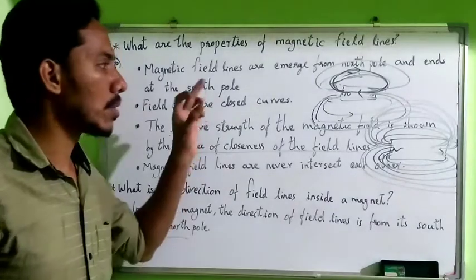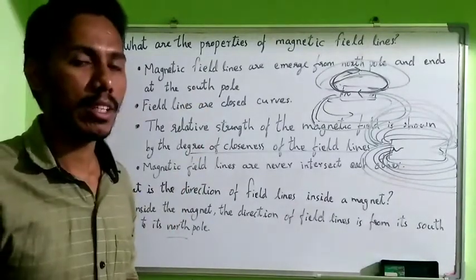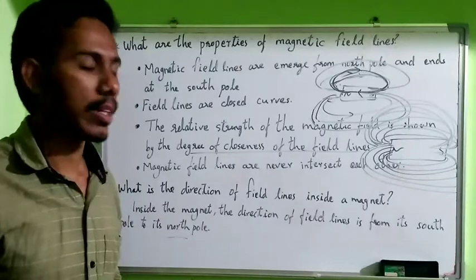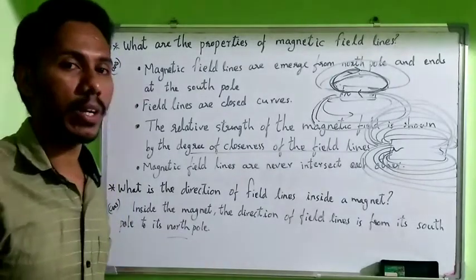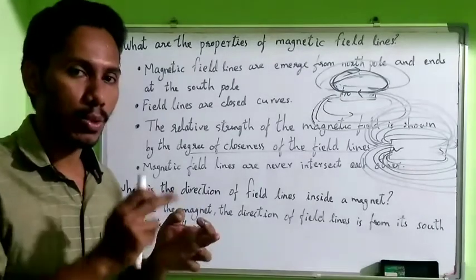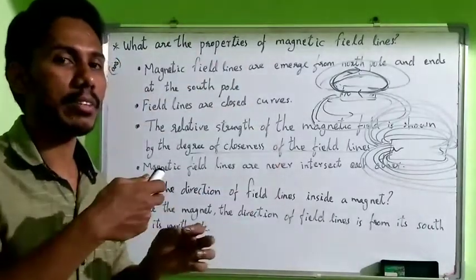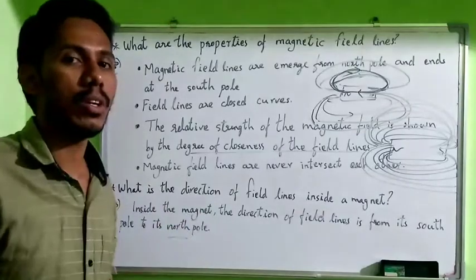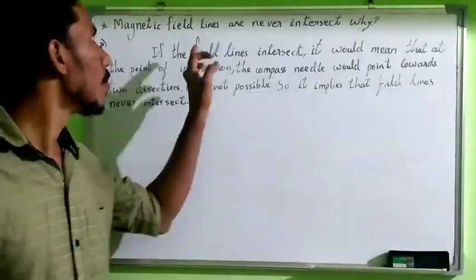You have to note all these points. It's an important question. Okay, it may be asked as a one-word question. Inside the magnet, the direction is south to north, but outside the magnet, the direction of magnetic field lines is north to south, and these are the properties.